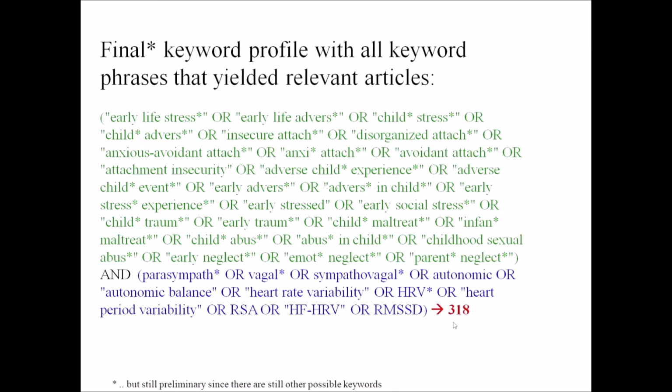My estimate is that between 20 and 40 of these are really relevant, really useful for the answer to the question whether early life stress is related to heart rate variability. So in this way you can test research questions with concepts that really need more than one phrase of keywords.